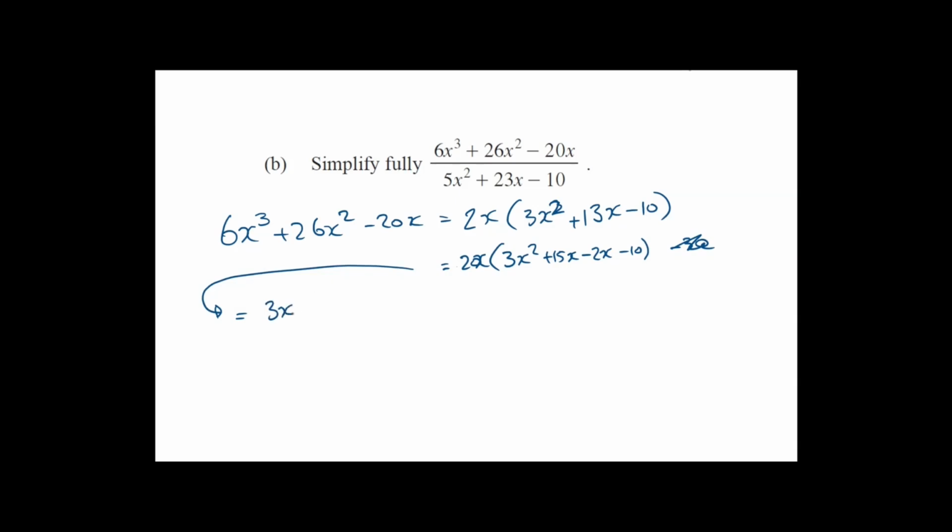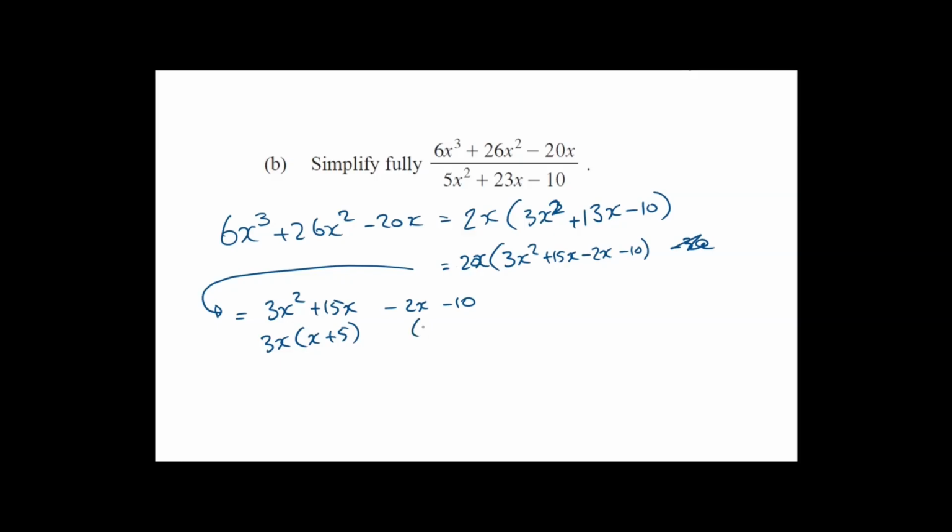So 3x squared plus 15x. Let's do that bit first. And then the negative 2x, negative 10. So the common factor here would be 3x, and this is going to be x plus 5.